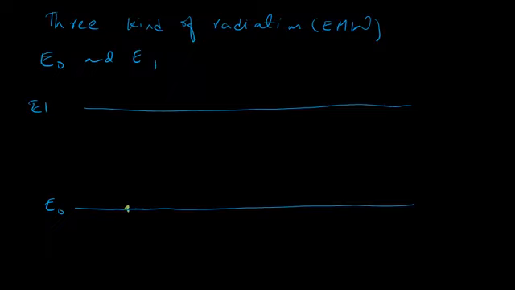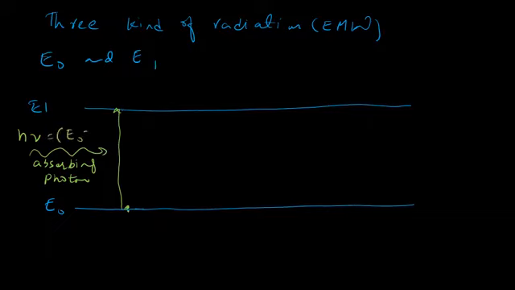When the atom is in the stable or lower energy state, it can be raised to a higher energy state by absorbing a photon whose energy h nu equals the energy difference between the two energy levels E0 and E1.